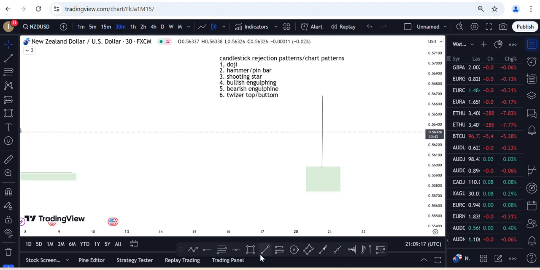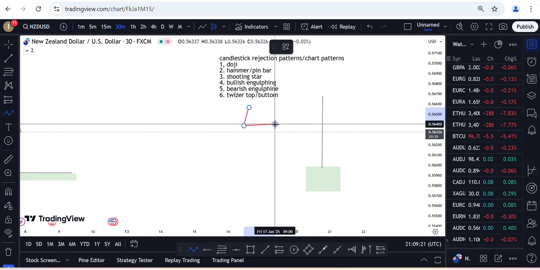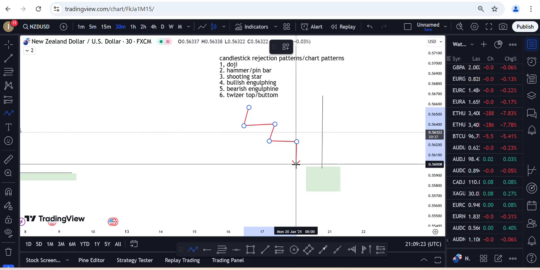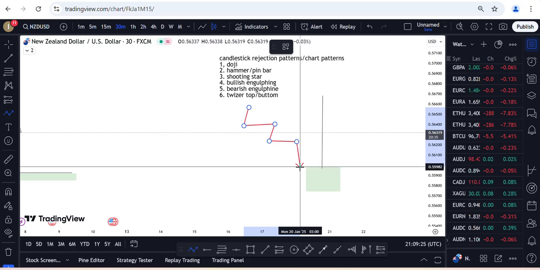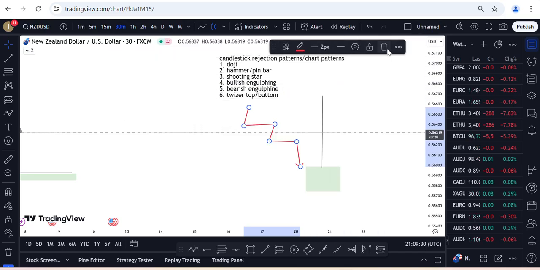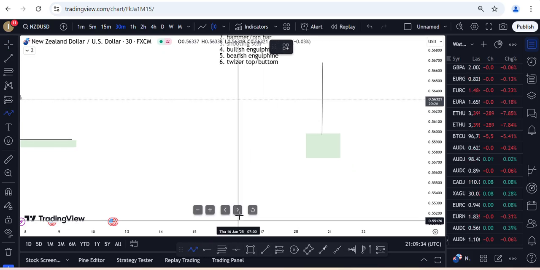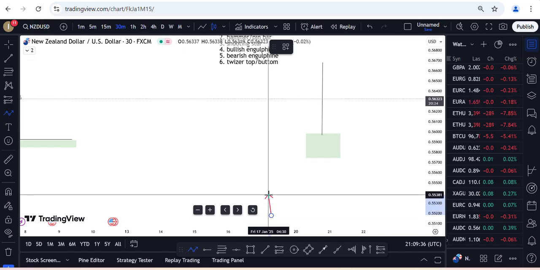in a zone or a key area in the market, it is a sign for you to go in for a sell. The market can be coming like this. Oh, sorry, no, the market will be buying. My bad. Let me delete this. The market could be buying like this.